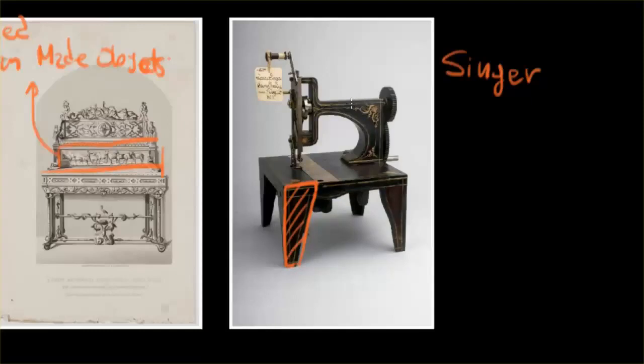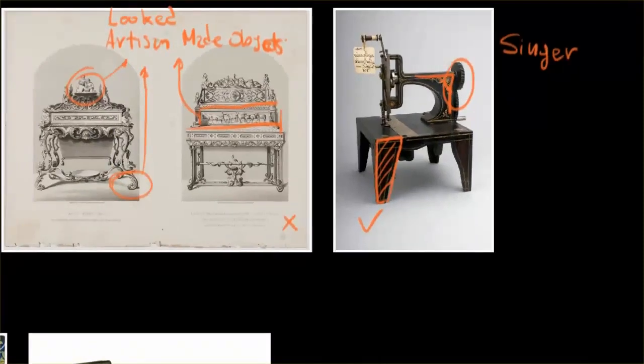So you have all these straight planes. The ornament is now just a graphic that's applied on top of the wood. You have gearings and all of that. So obviously this object over here was designed to be produced industrially, whereas this one on the left was not.